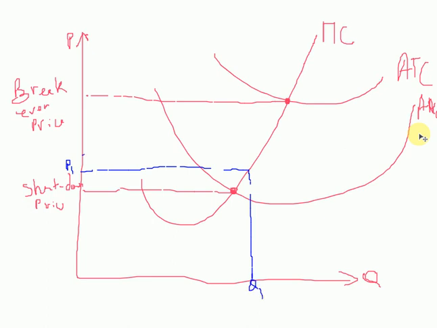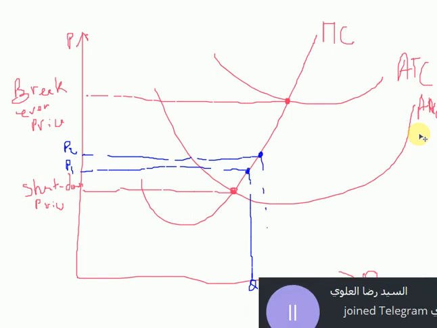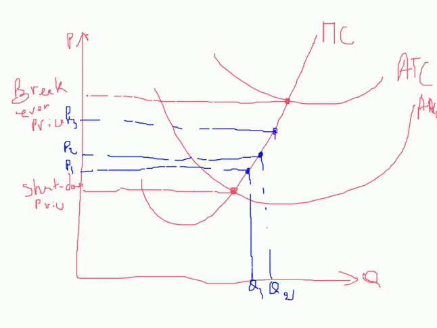When the market price is equal to P2, the firm produces Q2. When the market price is equal to P3, the firm produces Q3.